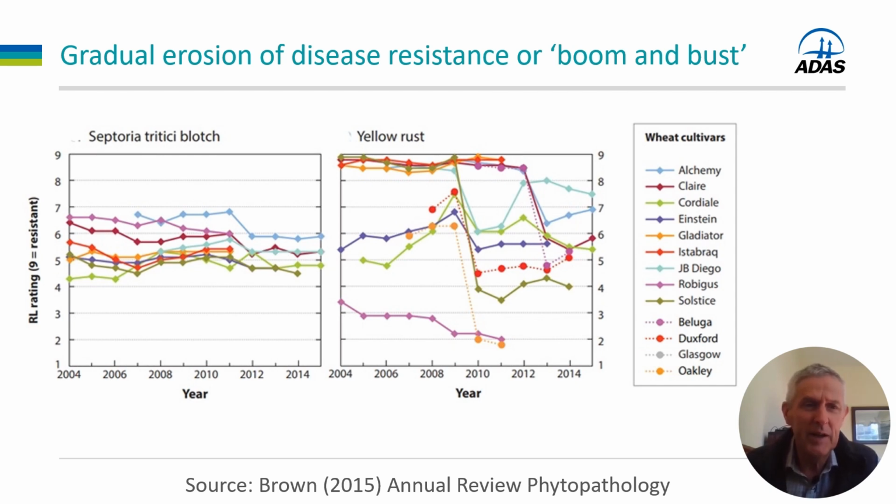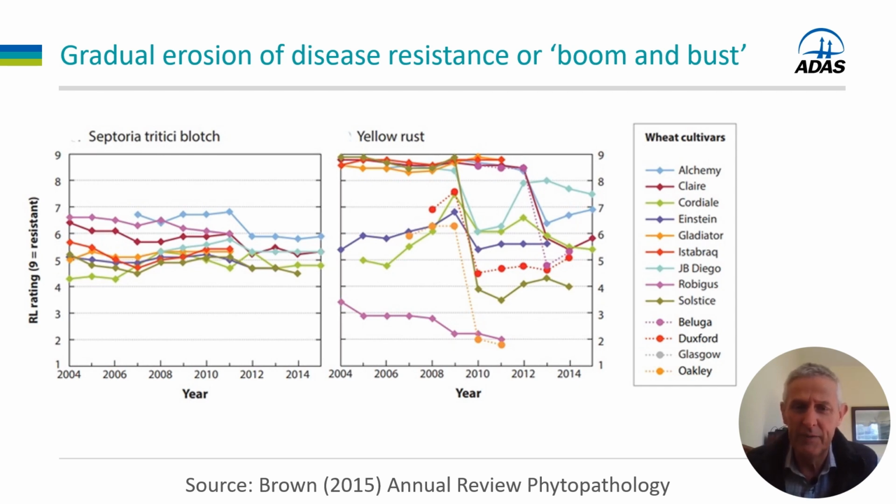What we can see on the left-hand side with Septoria tritici is that the resistance is generally of moderate effectiveness, and that's created by putting together usually a number of minor genes of smaller effect. And the advantage of that is that the resistance tends to be more stable over time, and at worst what we see is a kind of gradual erosion of that resistance.